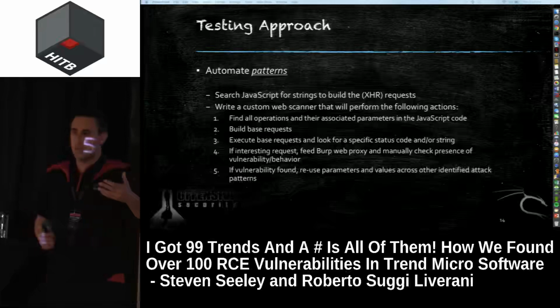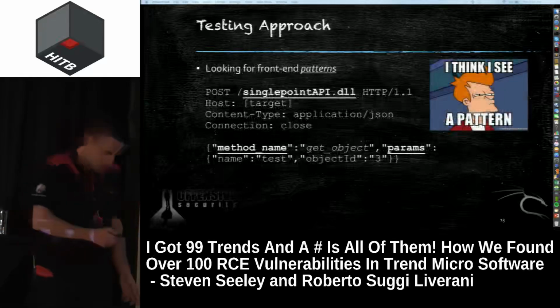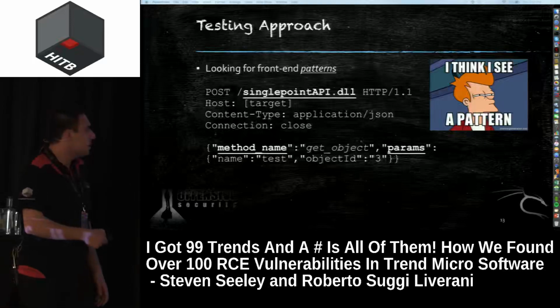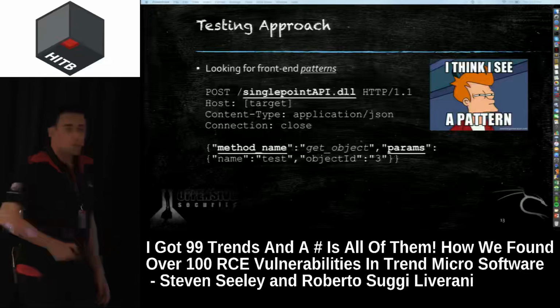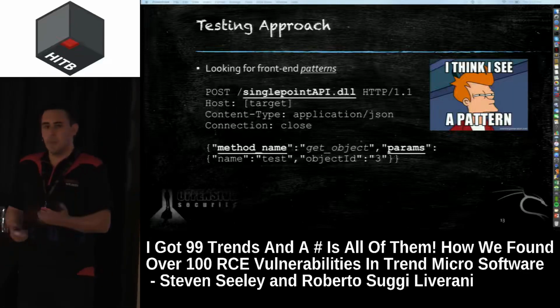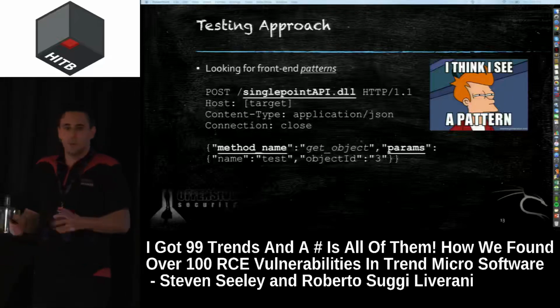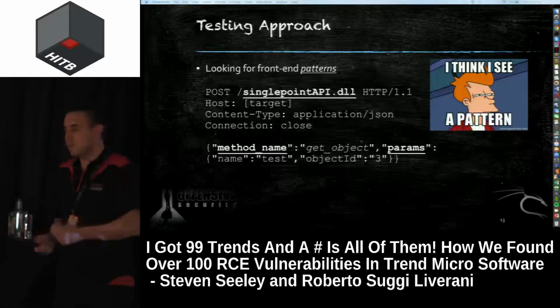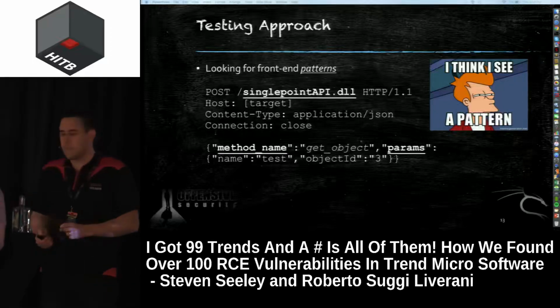So a valid method name, for instance, and then you have the parameters of this method, okay? This kind of information can be spidered or crawled from the web interface, if that is the case. And it was the case for one product in particular.